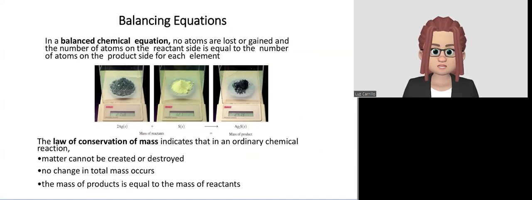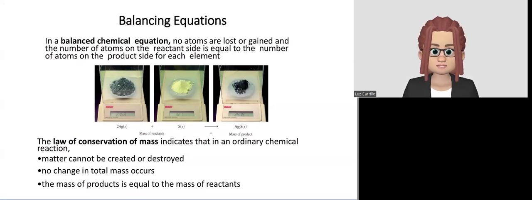The reason why this needs to be respected is because this is based on the law of conservation of mass. The law of conservation of mass describes how matter cannot be created out of thin air or destroyed into thin air. There cannot be, in an ideal case, a change in the total mass of a reaction. So that's why the mass of the products equals the mass of the reactants.